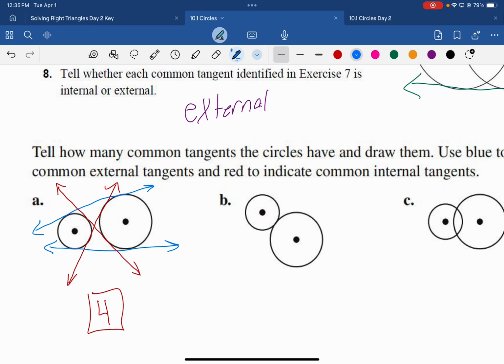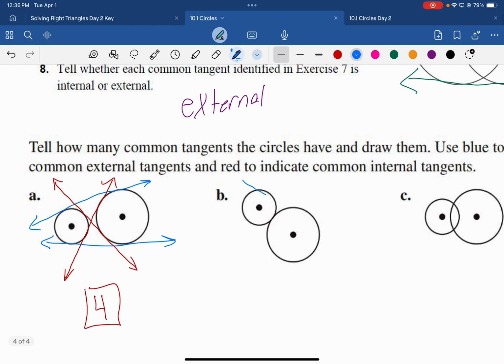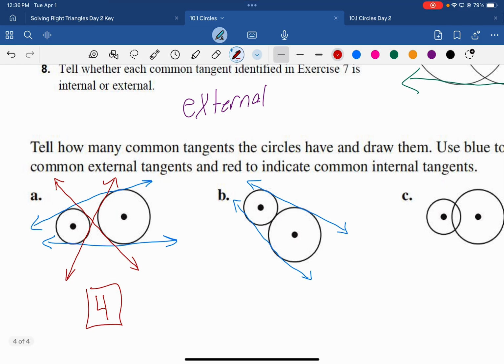All right, letter B. Where are my external ones on B? Yeah, the top and bottom, right? I'll try to draw that. Now, do I have any internal ones? In between, so you're talking about like this?